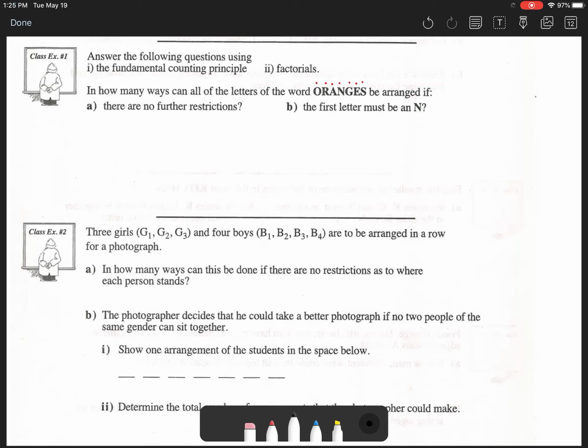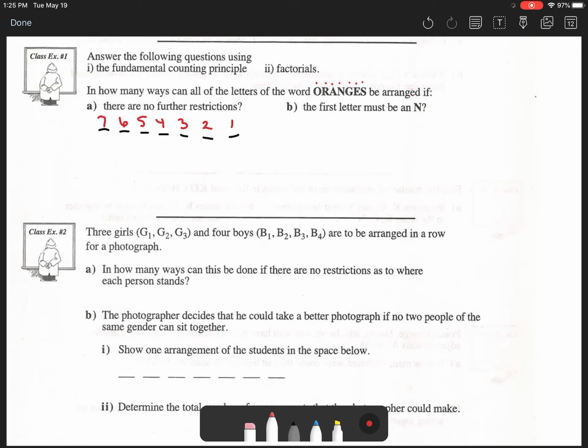Well, they say use the fundamental counting principle, so that would mean I have 7 blanks. And the first option, there would be 7 choices, then 6, then 5, 4, 3, 2, and then finally when I get to that last blank, there would be 1 choice left.